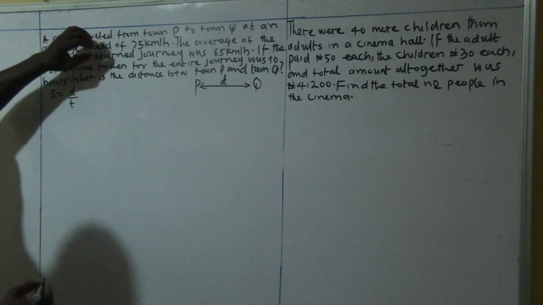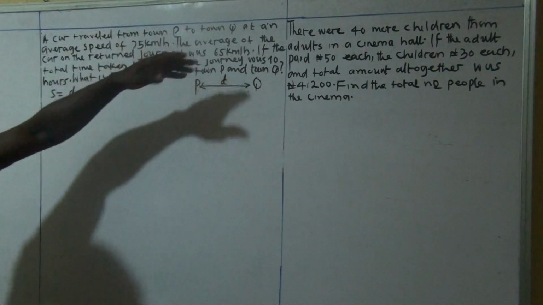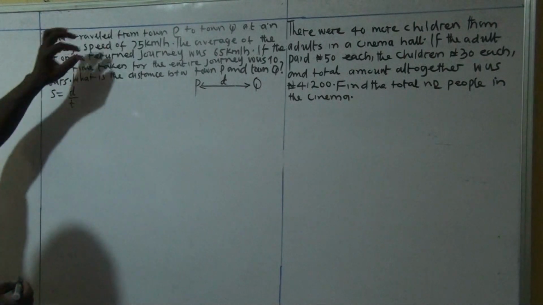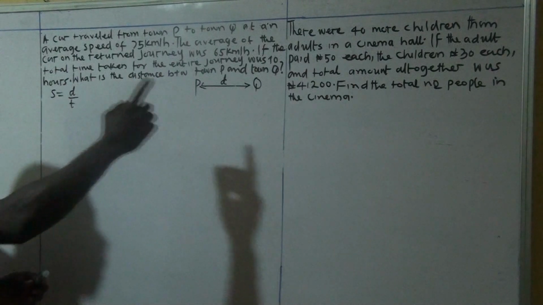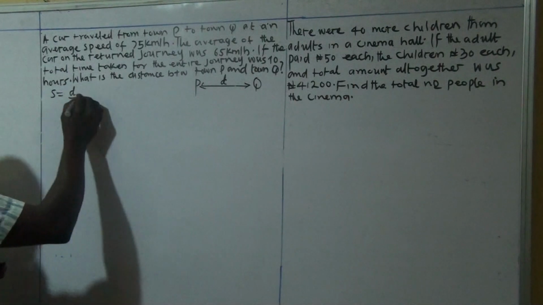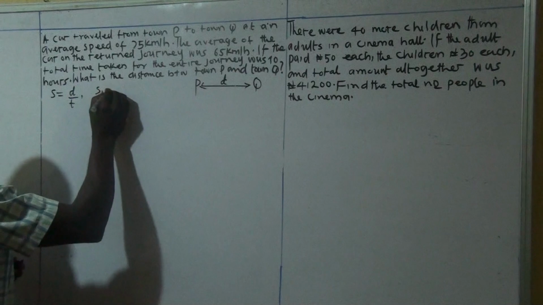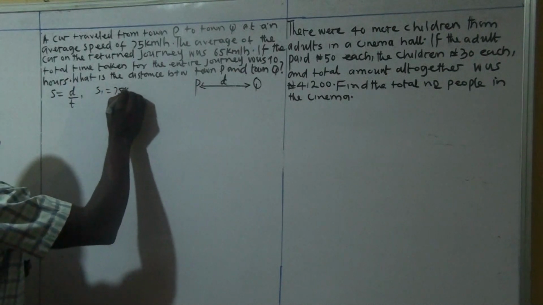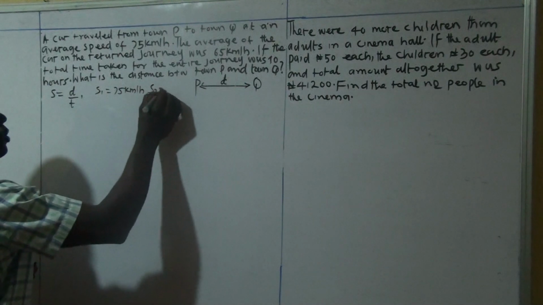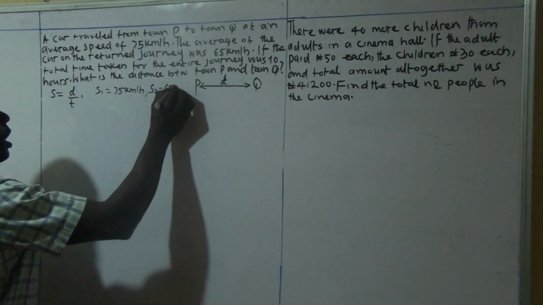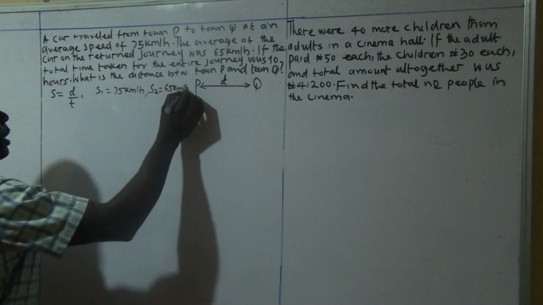But here we have the total time given, and we have the respective speeds to and fro. So we have speed 1, which is 75 km per hour, then we also have speed 2, which is 65 km per hour.